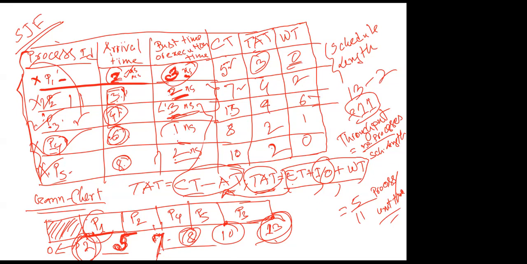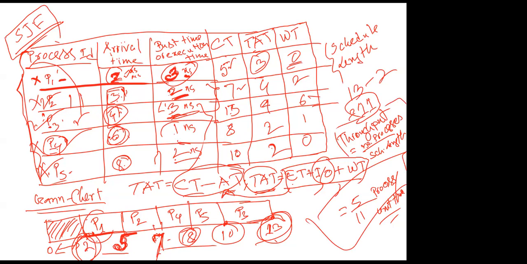From this throughput we can evaluate the performance of a particular scheduling algorithm. In our later sections, or later classes, we will see how to evaluate different scheduling algorithms and compare them. At that time we will frequently use this throughput.